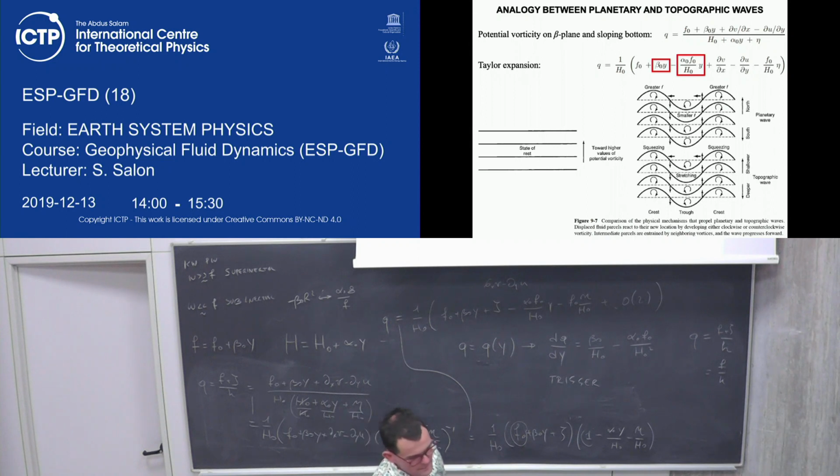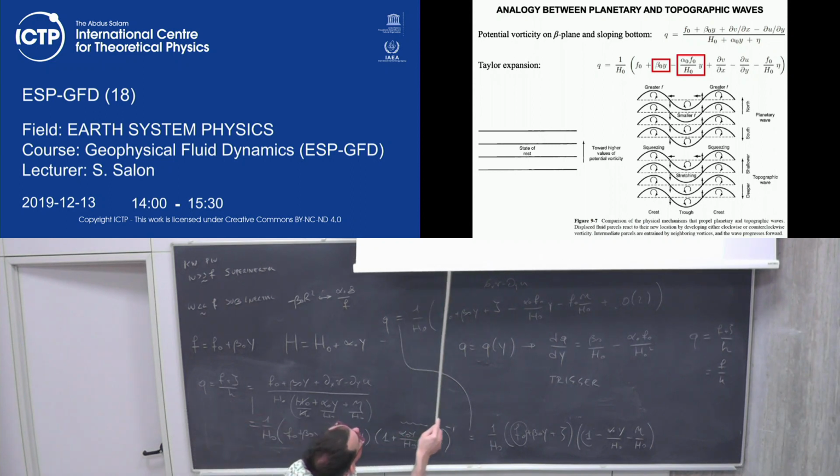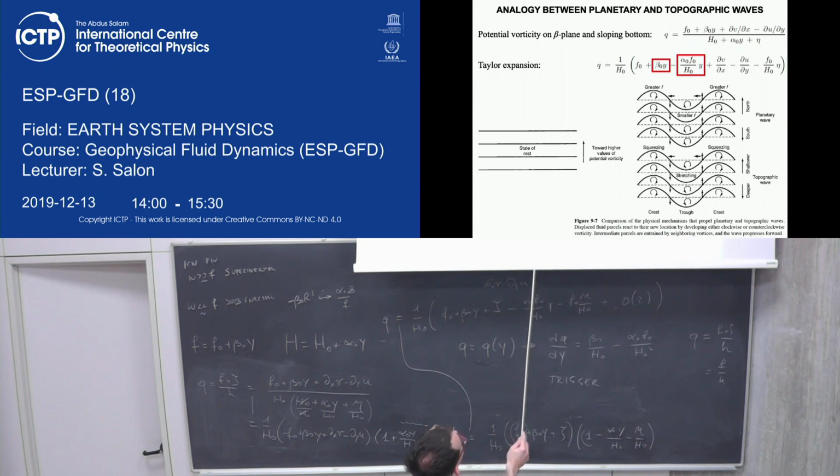And in particular, if we look at this graph here, if you take a state of rest, these can be like isolines, isobars, whatever you like. Okay, so the characteristic of these isolines is that when you go up, you are going toward higher values of potential vorticity.